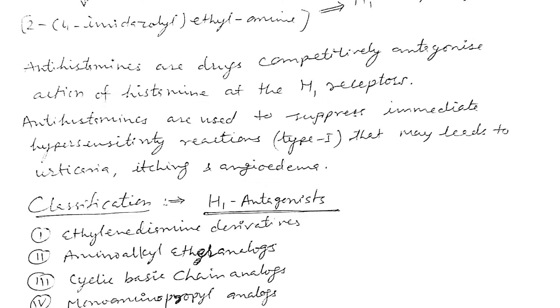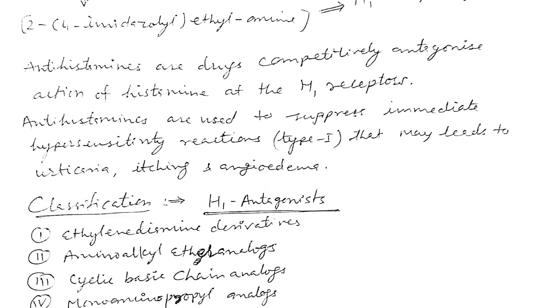As I have discussed, we will discuss antihistaminic drugs in two categories: the H1 antagonist, or H1 antihistaminic drugs, and the H2 antagonist, or H2 antihistaminic drugs, in the category of peptic ulcer.